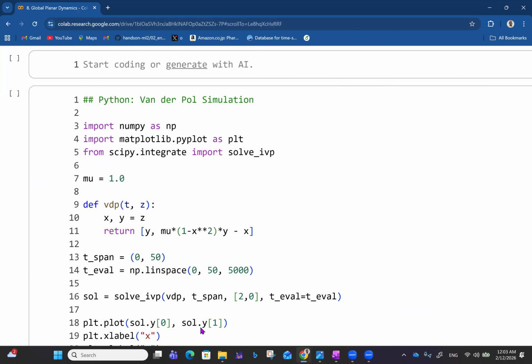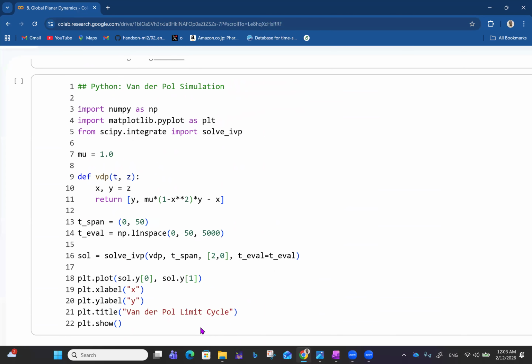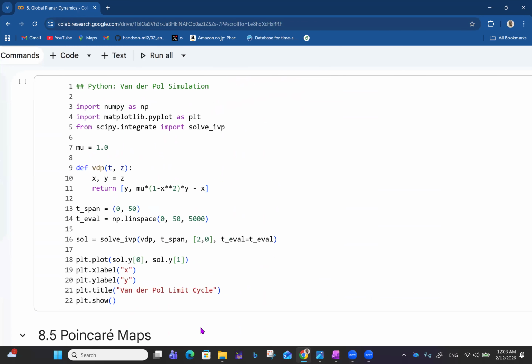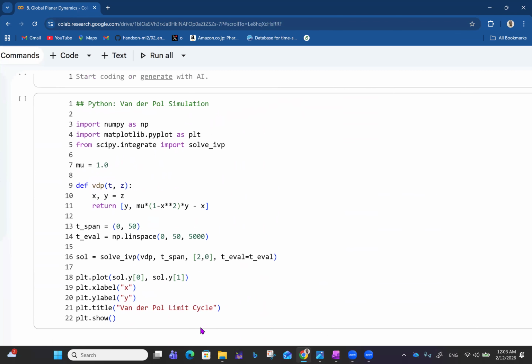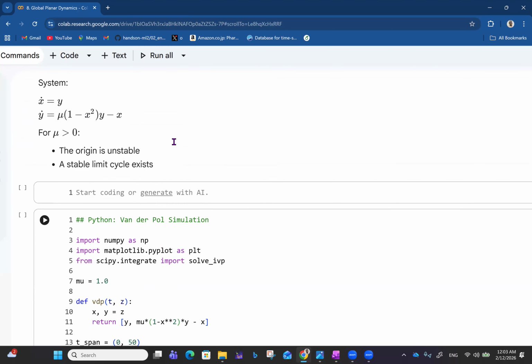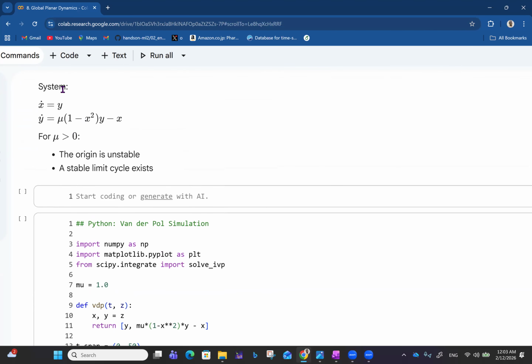In fact, you can even draw artistic inspiration from a Van der Pol simulation. Here you need NumPy and matplotlib, then you need to integrate the system because you are solving a two-dimensional system. Of course you may want to find the equilibrium point. For instance, I can already see here that y can be zero. If y is zero, everything here is gone, and then x is zero too.